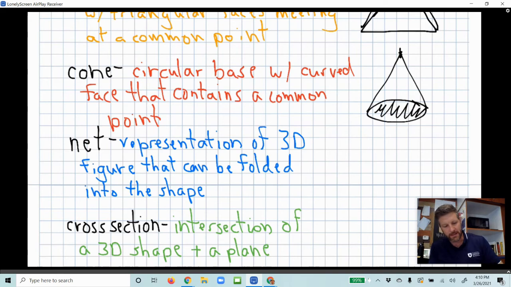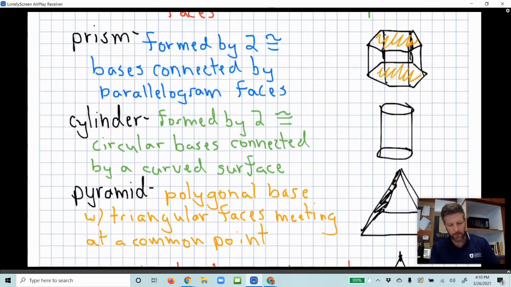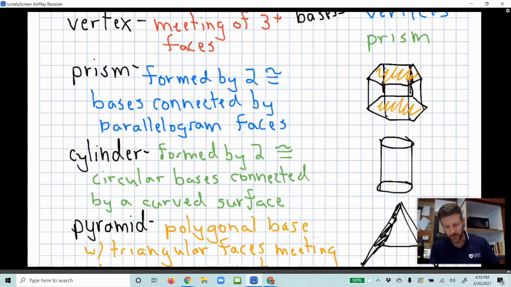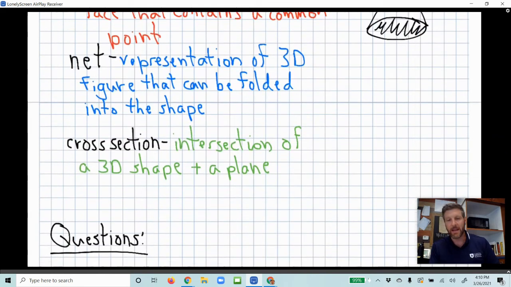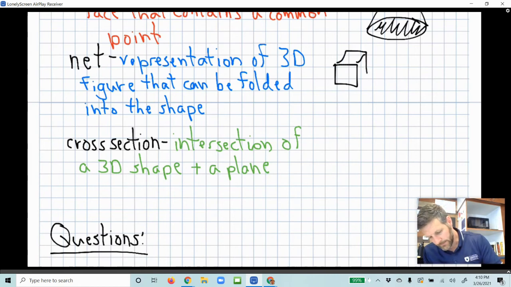Okay, so those are your basic 3D shapes: cone, pyramid, cylinder, and prism. I want to make sure you can tell the difference between those. And then a net. A net is just a representation of a 3D figure that could be folded into the shape. So the most simple example would be, say I had a little cube here.